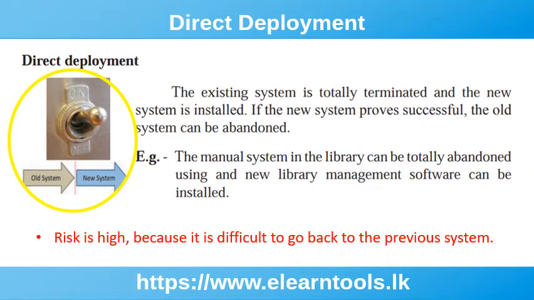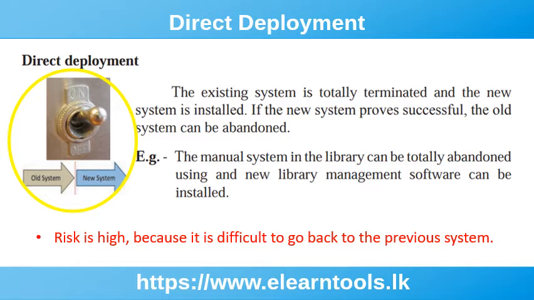Here we are going to talk about the direct deployment. The existing system is totally terminated and the new system is installed. If the new system proves successful, the old system can be abandoned. For example, the manual system in the library can be totally abandoned and new library management software can be installed.